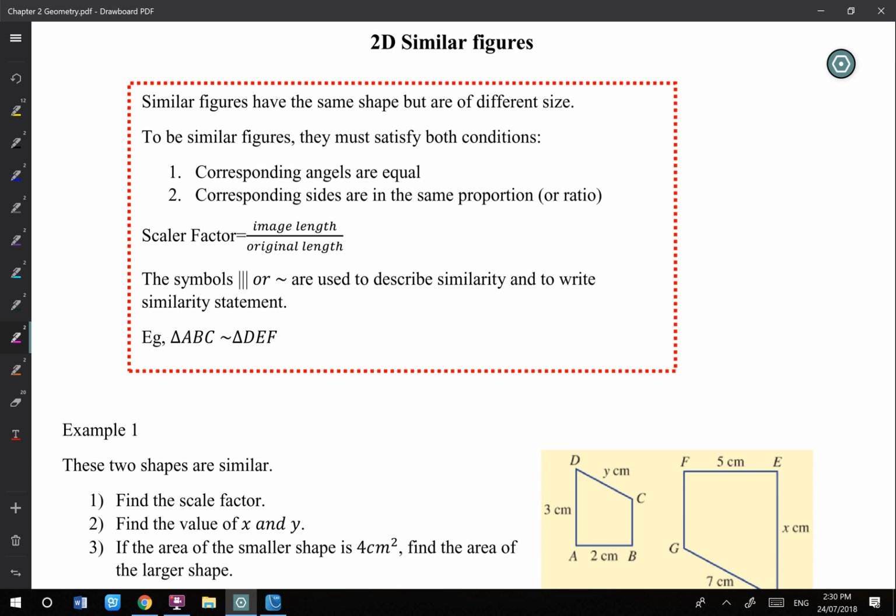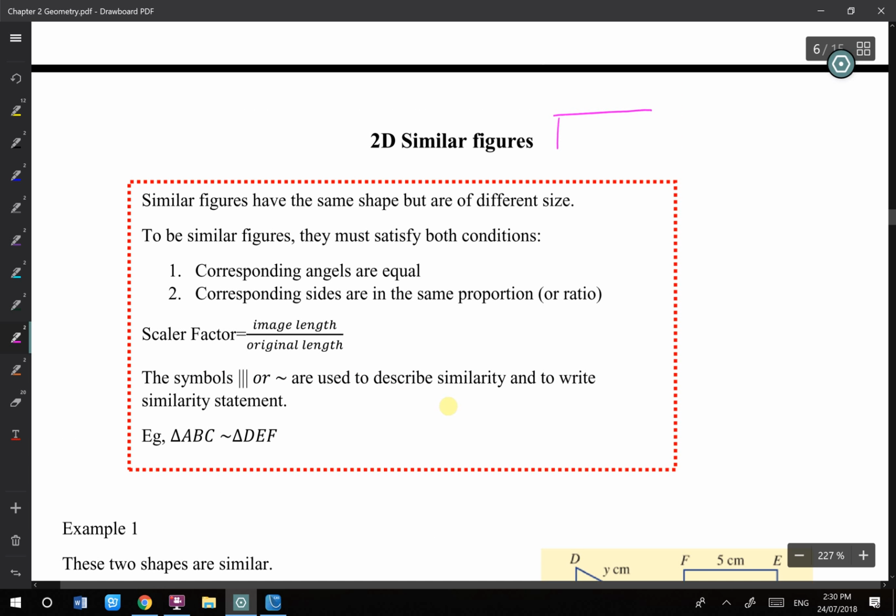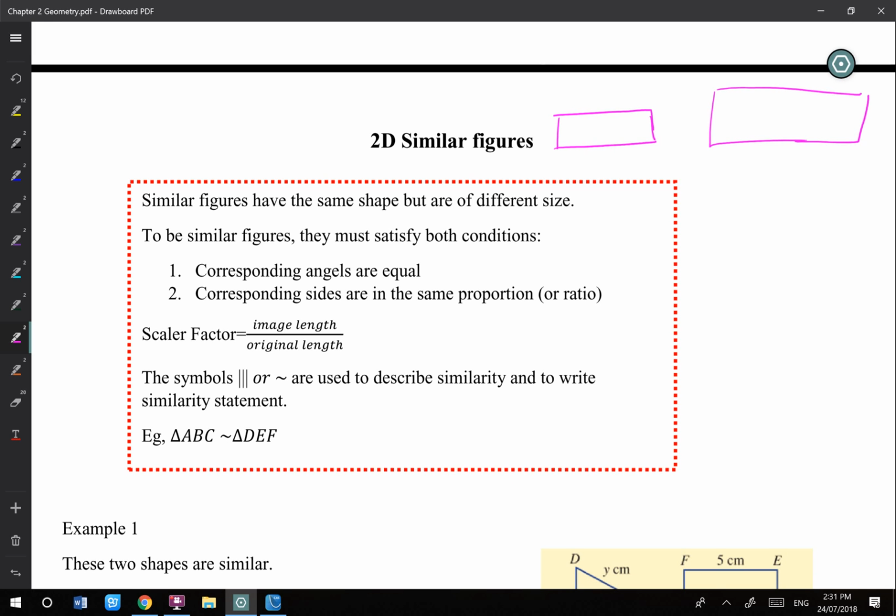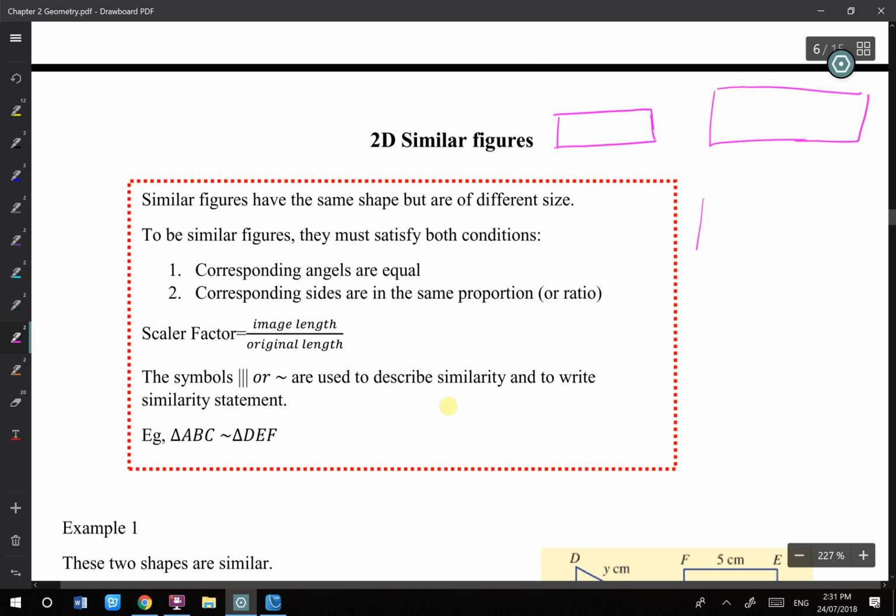What are same shapes? For example, this rectangle and this rectangle, do they have the same shape? Are they similar? Well, it can be, it cannot be. Or this one with this one.